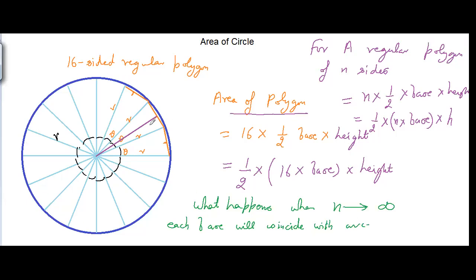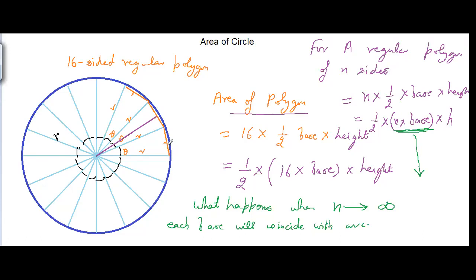N, because there are n triangles. If we have made an n-sided regular polygon, there will be n triangles. So there will be n bases. Each base will be coinciding with the corresponding minor arc in length. So what will happen? N times base will become the sum of all these arcs. Is this point clear?